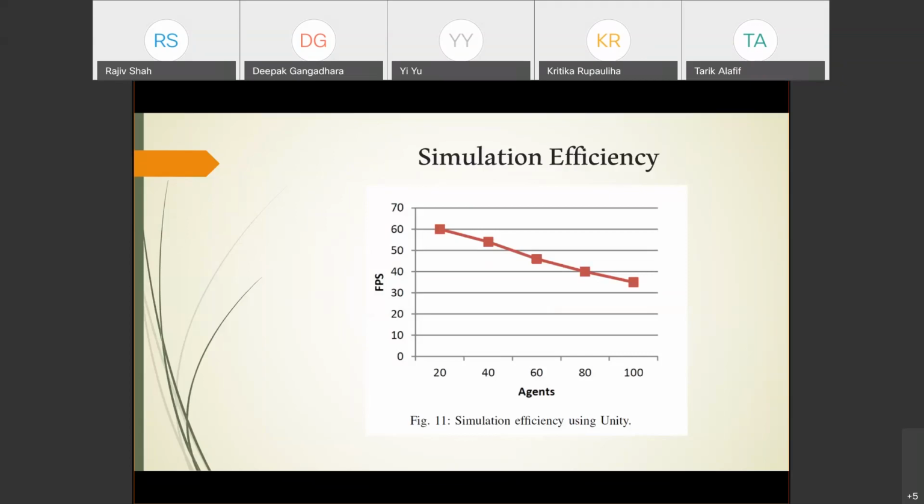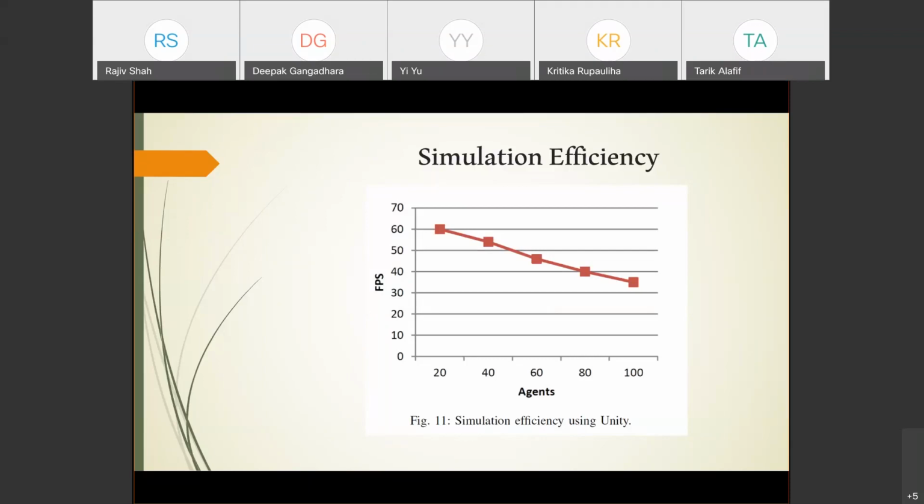Maybe later we will extend this to a large scale where too many people are in one spot. These are not considered, the number is just 100, but they have seen that the performance of the GPU, which is a naive GPU, drops every time they add any more agents.